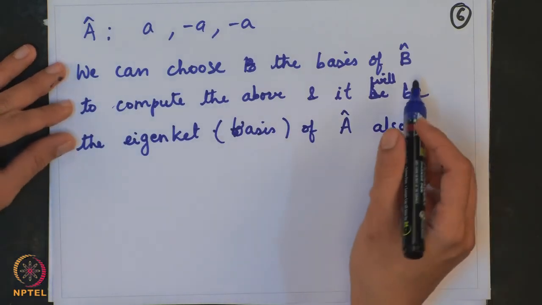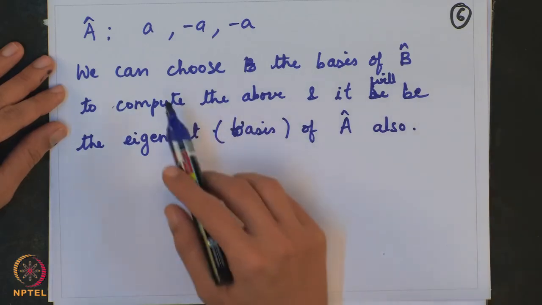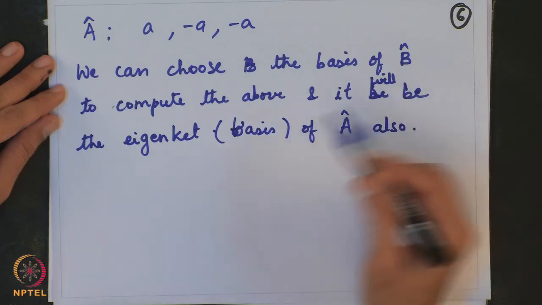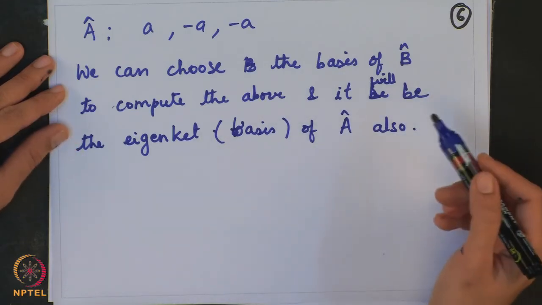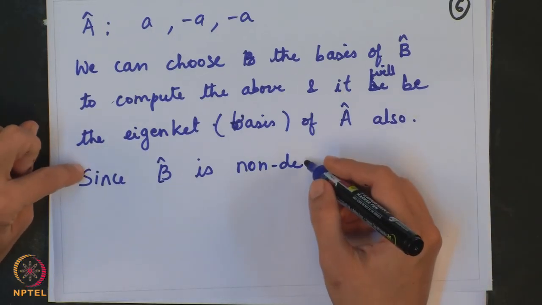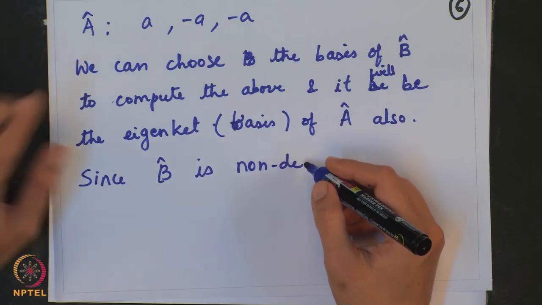This is possible only when A and B commute. So, if A and B commute and if you choose a basis for B, then automatically it will become a basis for A also.